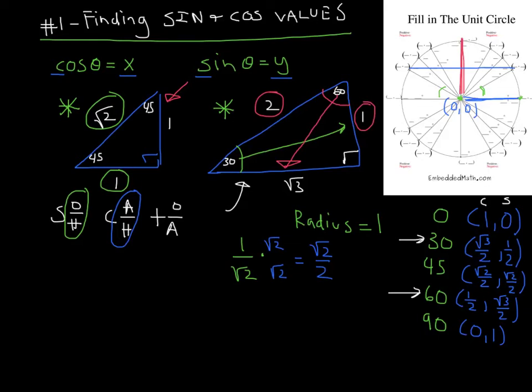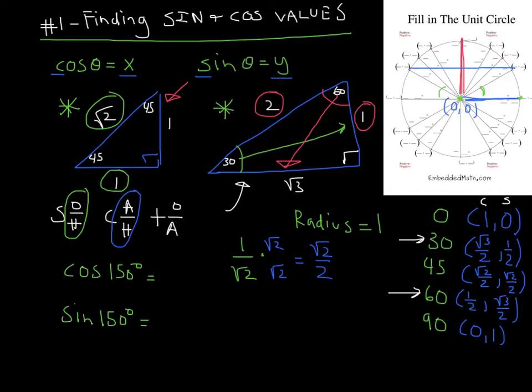So if you were trying to find the cosine of 150 and the sine of 150, then you would simply use the cosine and sine values of 30, but notice with 150 you're going left and up instead of right and up. So which one would have to be negative? The x-coordinate would have to be negative. So all you would simply do is take the sine and cosine values of 30 and make the cosine value negative.